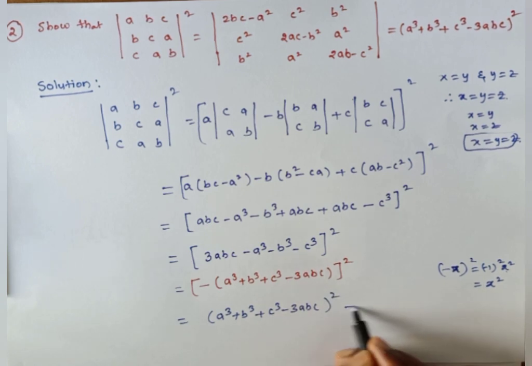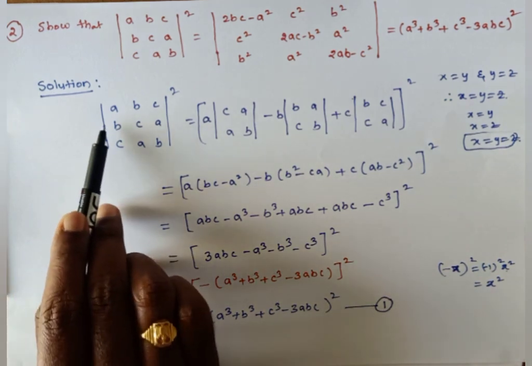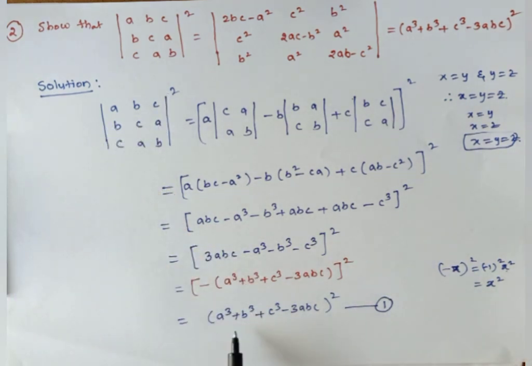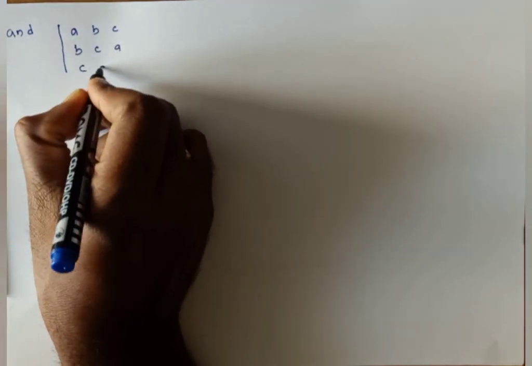Okay, so let this be relation 1: the determinant of this whole square is equal to a cube plus b cube plus c cube minus 3abc whole square. And again consider the same determinant, a b c, b c a, c a b, whole square.